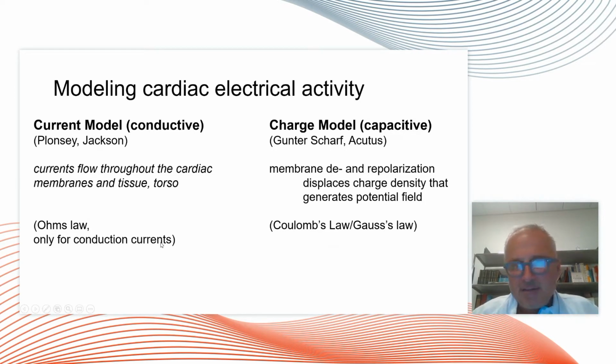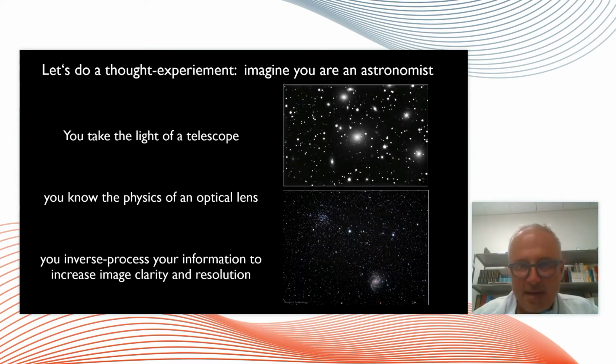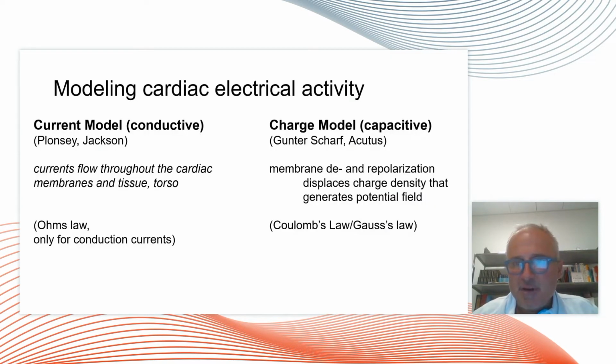Now, I discussed this a lot with my father, and he's a theoretical physicist, and he said, no, there are no currents in a cell. It's just the charge, which is depolarizing and repolarizing, minimal currents across the membrane. And you have to do a capacitive model, a charge model, and you have to use different equations from what has been used. And if you do that, you get the electrical charge in the heart.